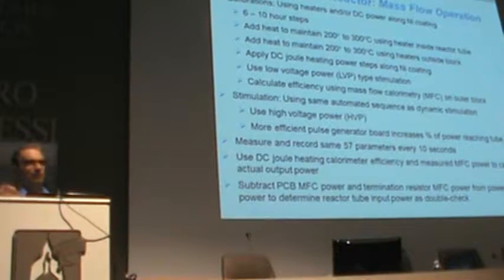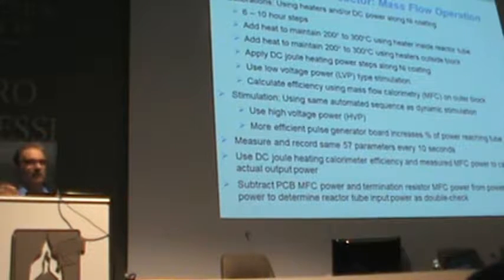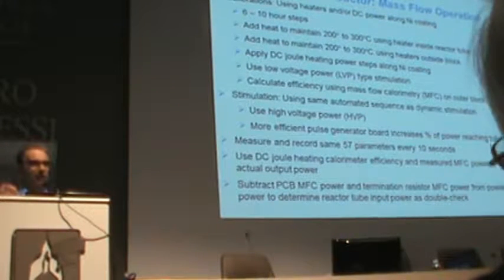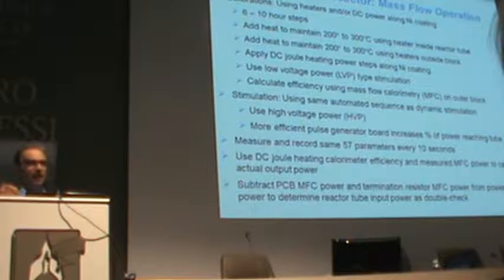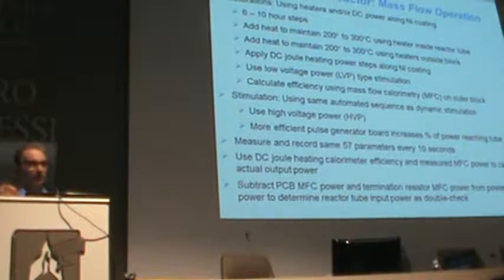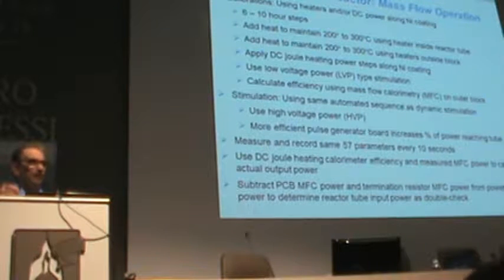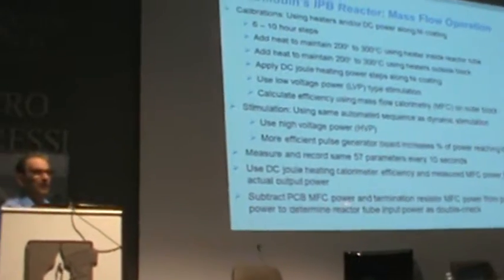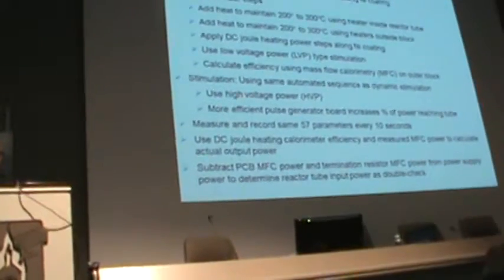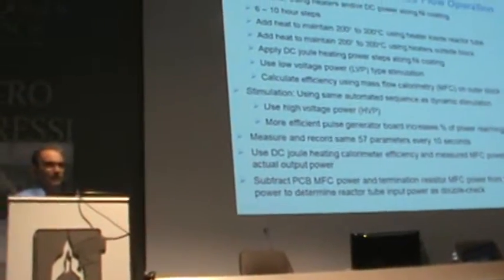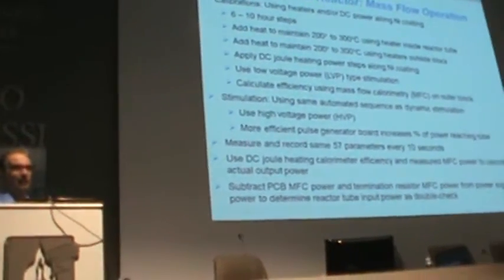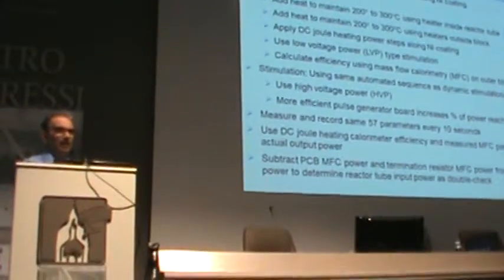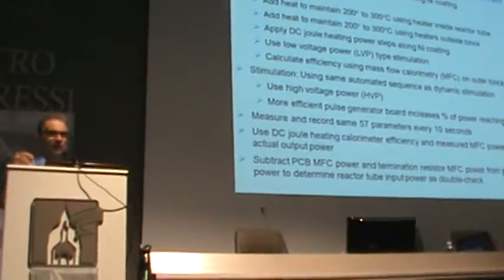But in order to keep everything working, we actually have to run mass flow calorimetry cooling the switching transistor, and also mass flow calorimetry cooling the termination resistor. Fortunately, if you take the power measured at the power supply, subtract the mass flow calorimetry power across the switching transistor and that across the termination resistor, you get a number very close to what you measure with the oscilloscope.